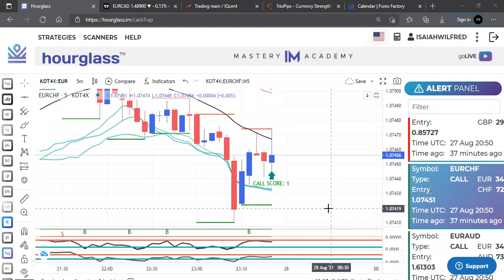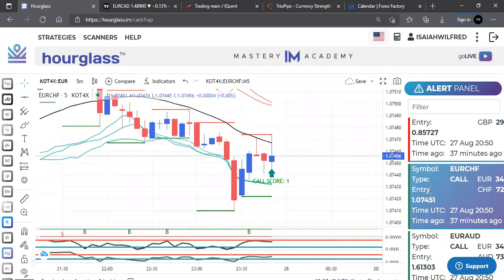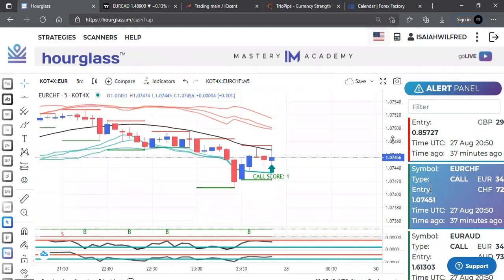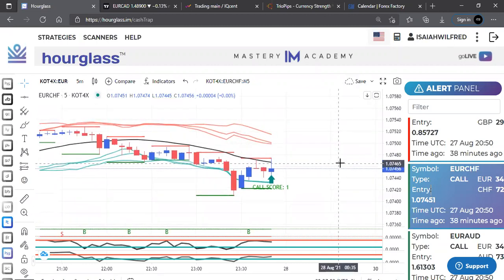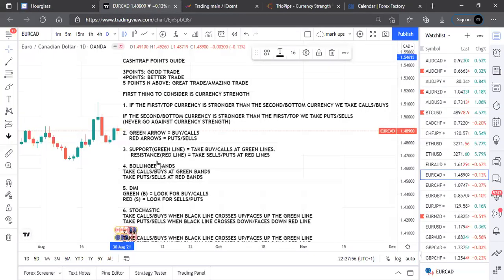All right, so now we've talked about the first point, we've talked about the second one, and we've arrived at what? It's time for us to talk about the fourth point. For the fourth point, we have what we call the Bollinger Bands. Now write it down: Bollinger Bands.